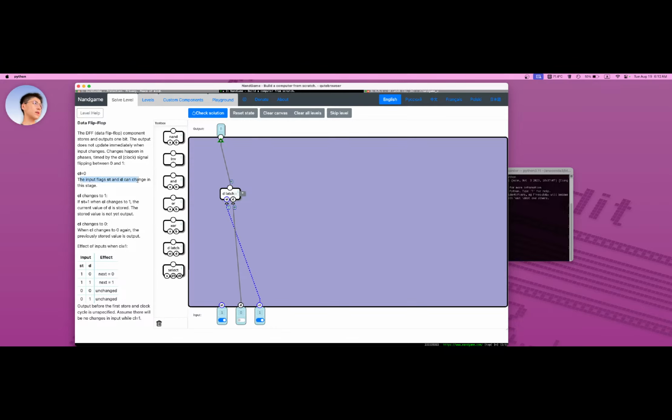So input flags, and it can change in this stage. Oh, I see. So here, when the clock is 1, the stored value is not yet output. The stored value should not go out, should not be output.